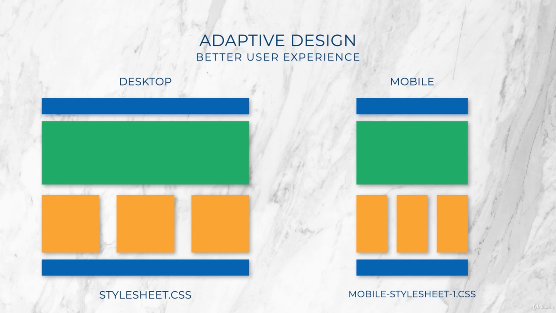However, one of the main drawbacks of adaptive design is that you have to create a different style sheet for all the different devices and types of screen sizes that you want to support. So this means that when bigger iPhones come out or the iPad came out, that developers had to go in and create new style sheets to support and customize the experiences for these new devices.